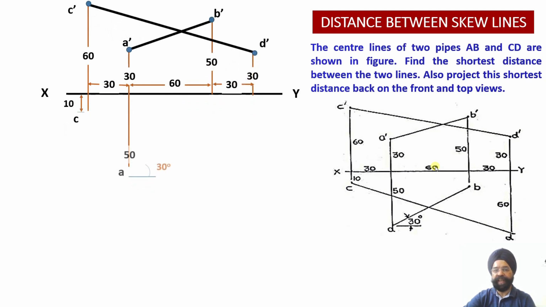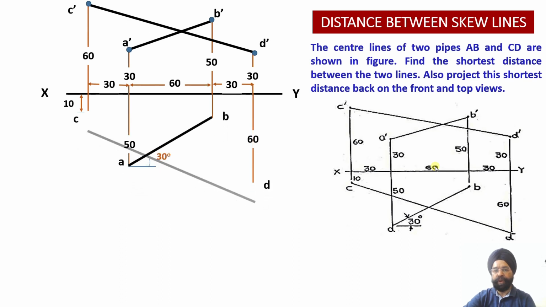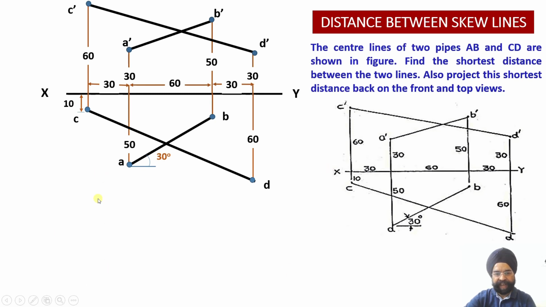So just see, whatever data was available, we have drawn our projections corresponding to that given data, and having drawn the original projections, as I told you, the choice lies with you. Since I have left enough space over here, I'm not going to draw my AIP parallel to either A dash B dash or C dash D dash. So I can draw AVP either parallel to the plan projection line AB or CD. Please keep it clear of the image.